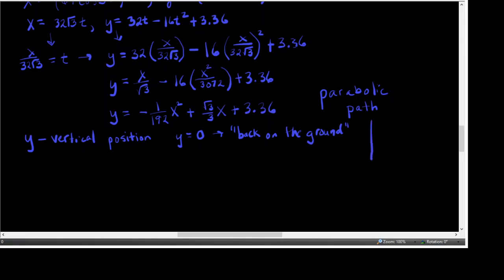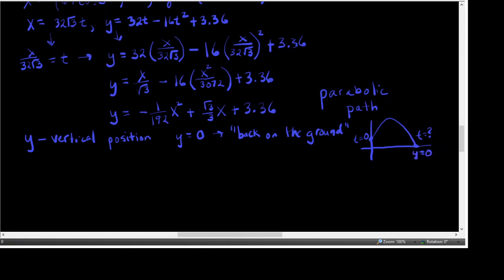Now, I'm just sketching the idea of this. We're starting at 3.36, and then the thing's going up and down. And we want to know what time it is that it was in the air, because this is at time 0. It'll be at the starting point. What time is it when this path takes it to the ground, which is, what is t equal to when y is 0?